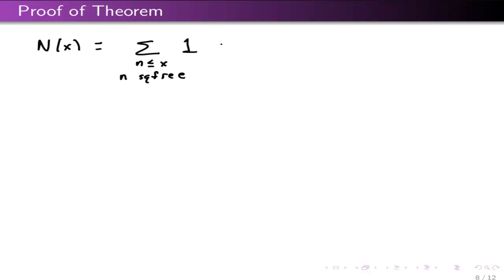Now we turn this into a complete sum over all integers up to x, and then I put in the indicator function, or the characteristic function, of when a number is square-free. And so that's the sum over d squared divides n of mu of d. That's the function we said that was 1 precisely when n was a square-free number.